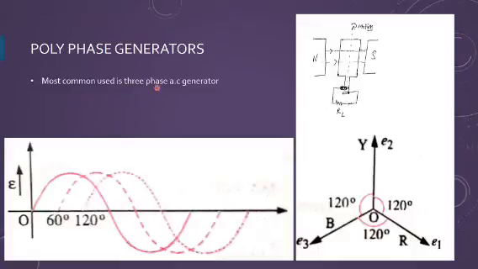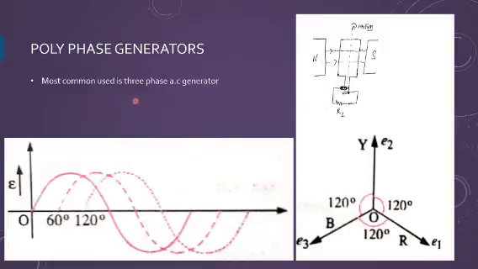Now this is when I am making one coil rotate between the north and south poles, and I get one phase of current. But most of the time you come across the word that at our places we have three phases, or mostly in factories we prefer three phases.